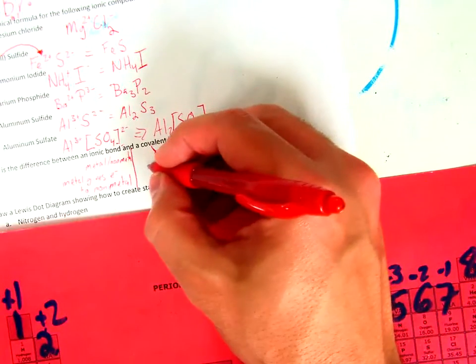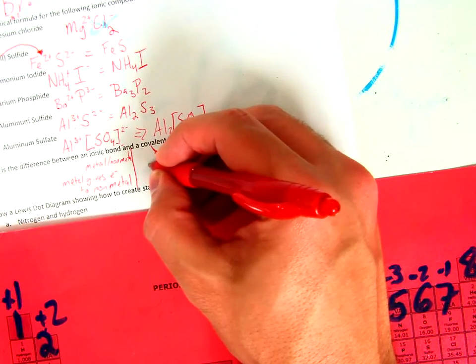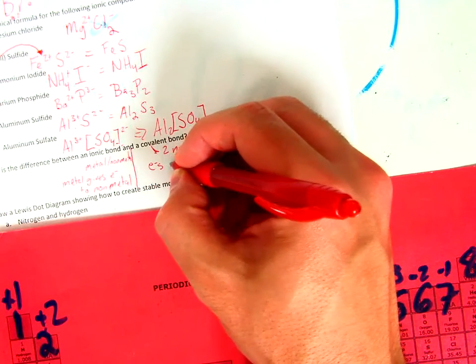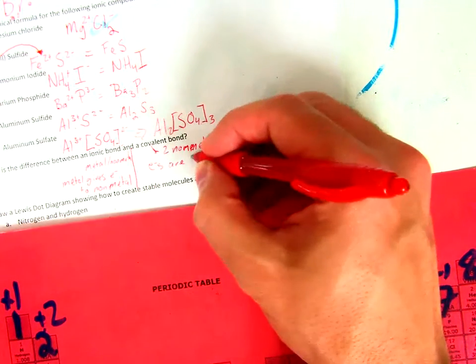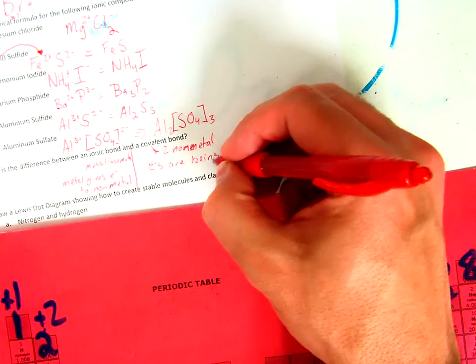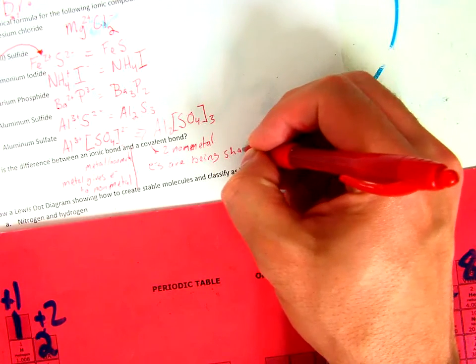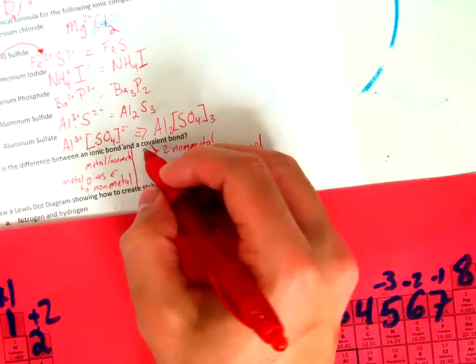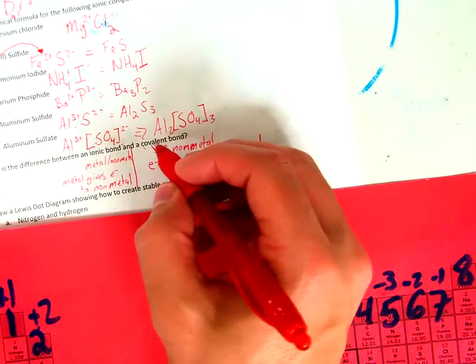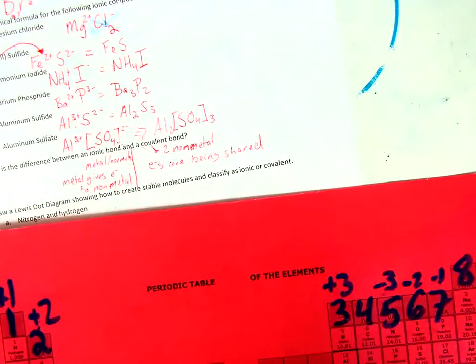Whereas with the covalent bond, the electrons are being shared. Covalent seriously means shared valence. So those electrons are orbiting around both atoms. 50% of the time you'd find it in one, 50% of the time you'd find it in the other.